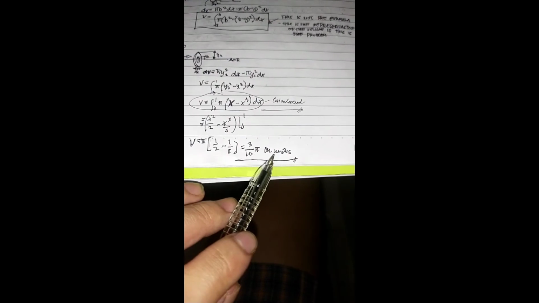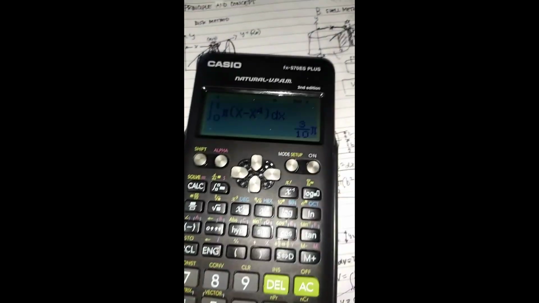So v is equals to pi times 1/2 minus 1/8. The final answer is 3/10 pi cubic unit. So this is our final answer.